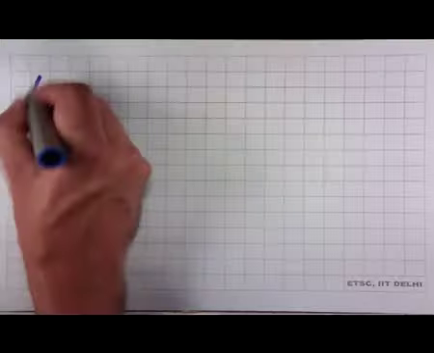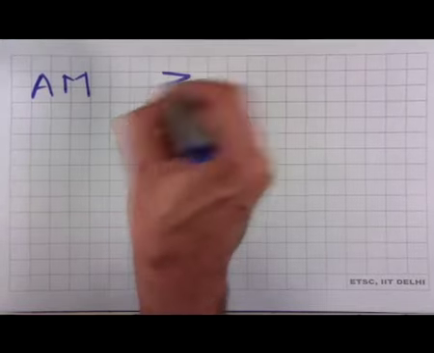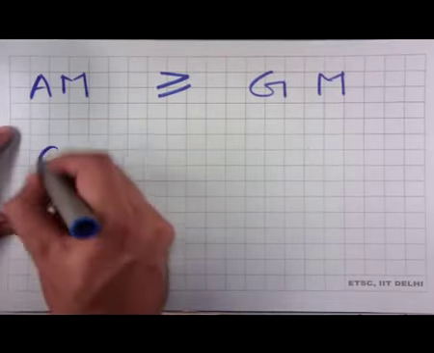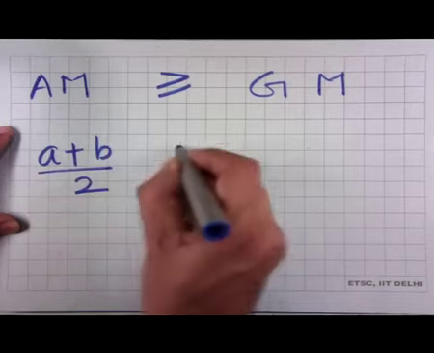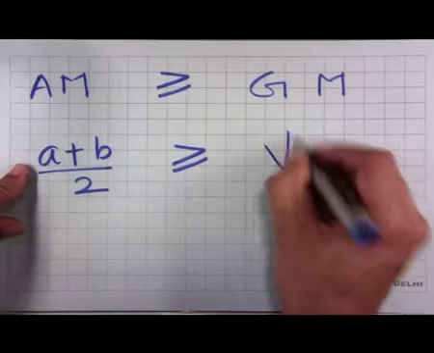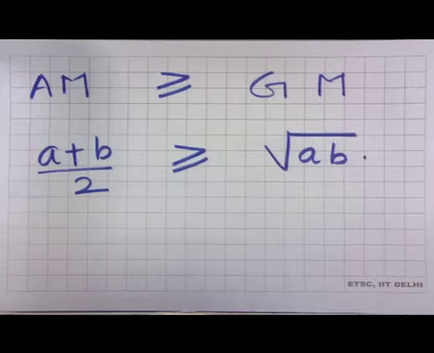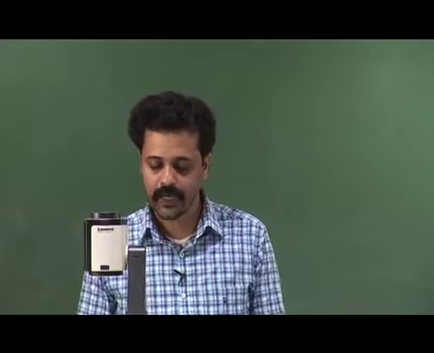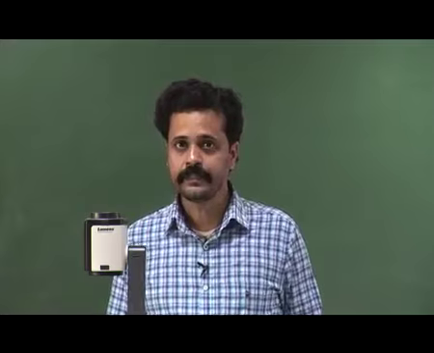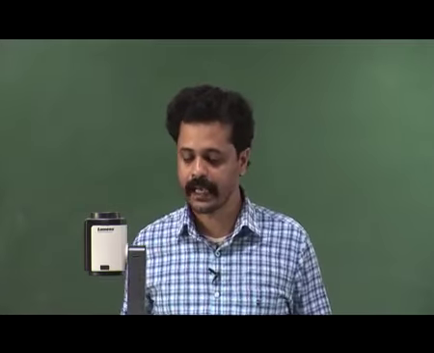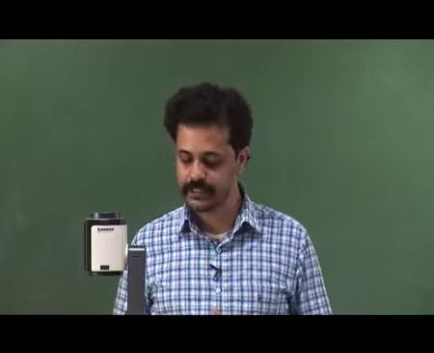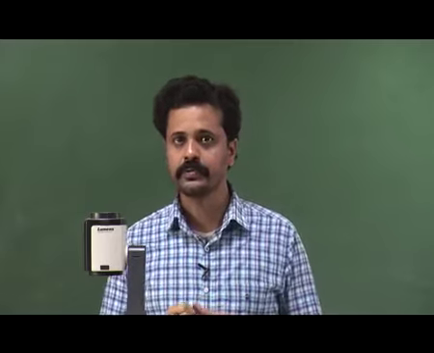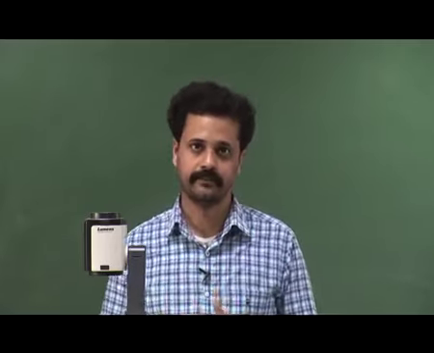Therefore, AM is greater than or equal to GM. (A plus B) by 2 is greater than or equal to root AB. Thus, we established a general inequality, the AM-GM inequality, which says that arithmetic mean of two positive numbers is always greater than or equal to geometric mean between them.